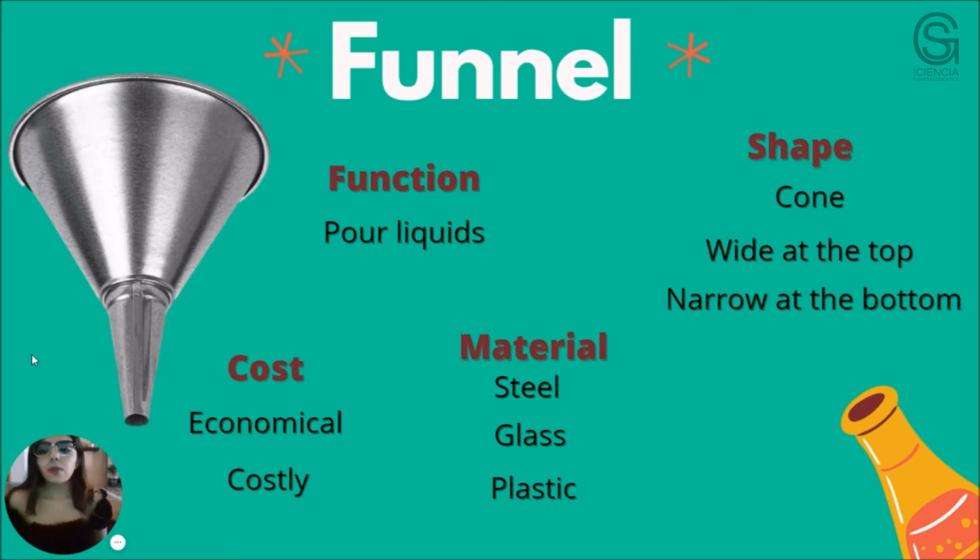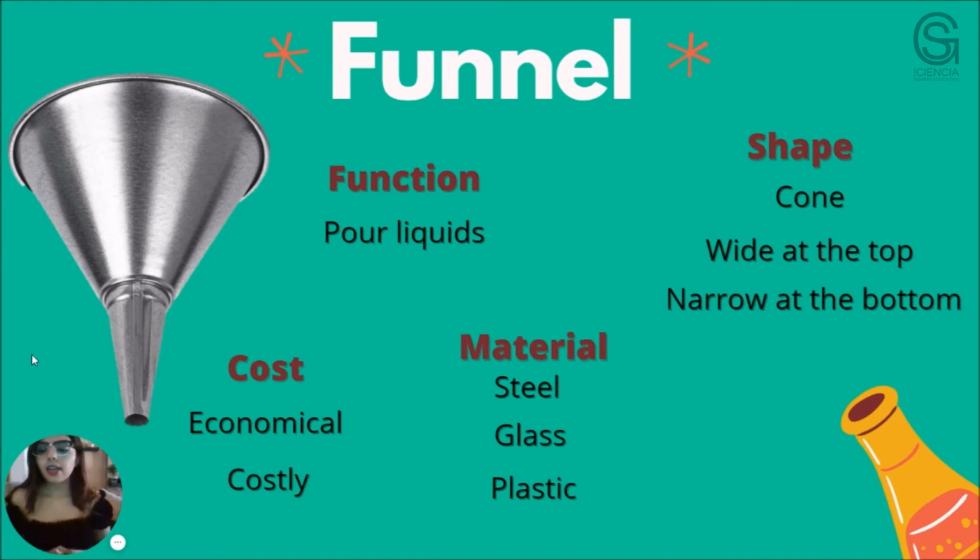So its cost will depend on the material. For example, as the image is showing, this is made of steel, but you can find some made of glass or plastic. So the most economical ones will be plastic and glass, and the costly one will be steel, okay?